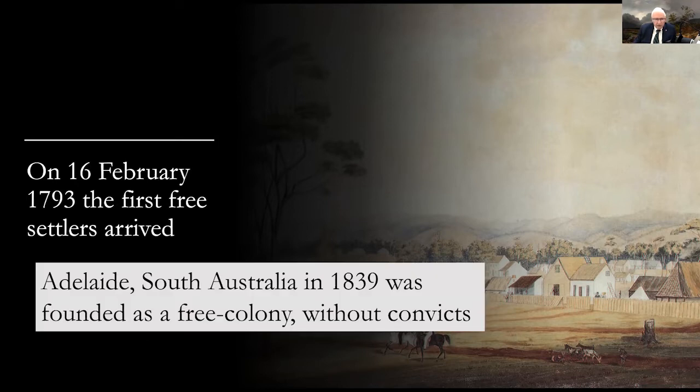And the first place was Adelaide, South Australia, in 1839, and was founded as a free colony without convicts. So even beginning in 1839, there was a colony that eventually got big enough to be considered a colony.